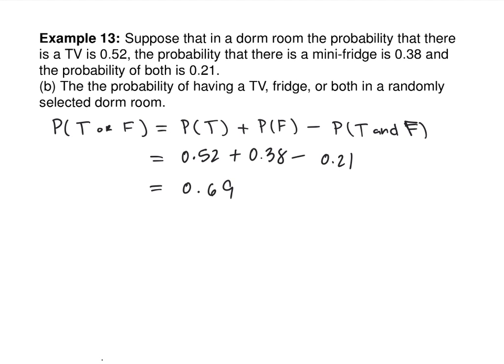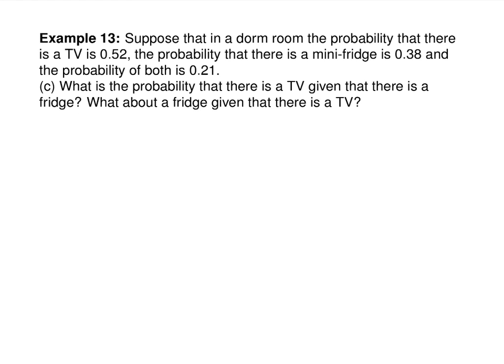All right, and the last ones are those conditional probabilities. What is the probability that there is a TV given that there's a fridge? So probability of T given F. So that becomes P of T and F over P of F. Exactly. Good job.